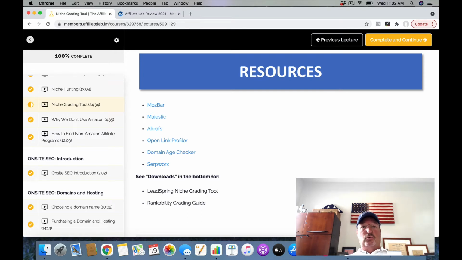There are group SEO buys, where you can pay $20 a month and have access to these tools. It's not ideal. Number one, because it's a group buy, so anyone else in that SEO group can see exactly what you're doing and exactly what you're searching, and so it's not ideal from that standpoint. But it is a way to get in a little less expensive and use these tools.